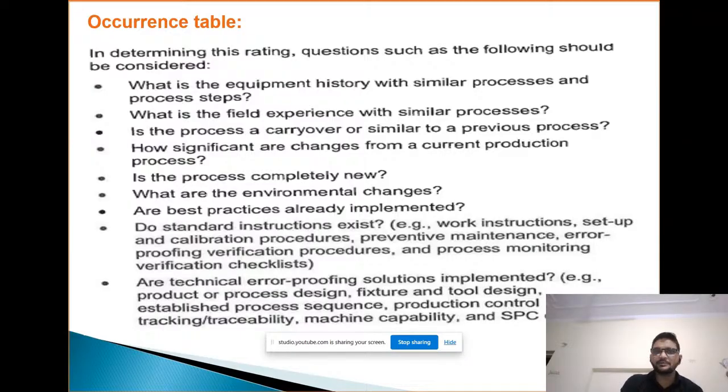This is the type of question we need to ask. Are best practices already implemented or not? Are technical error-proofing solutions implemented? Do standard instructions exist, like work instruction, setup, calibration procedure, preventive maintenance, error proofing, verification procedure, and process monitoring checklist?